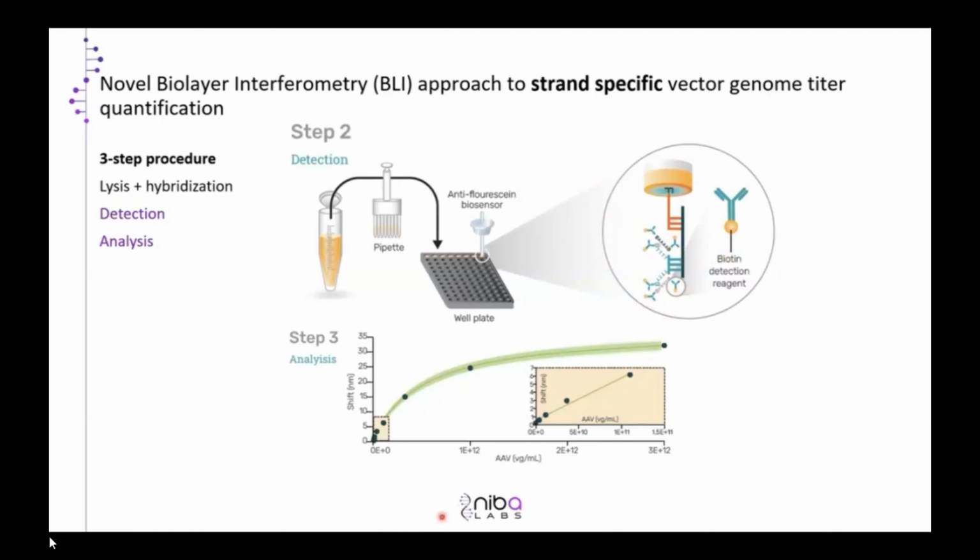After that, the probe with the bound complex is measured for the wavelength shift, and this wavelength shift is transformed to the standard curve, which can be used for quantification of the sample.